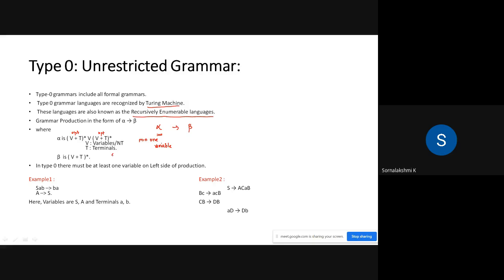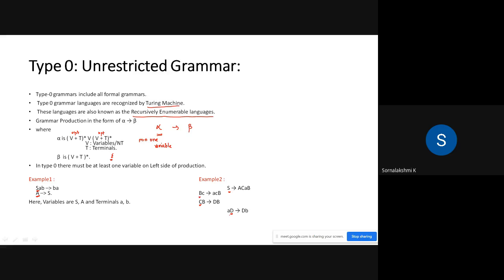Epsilon is implicitly part of the terminals. Some grammars define it explicitly, some don't. So the crux condition is minimum one variable on the left-hand side. That is what we see, a minimum of one non-terminal or variable in all the examples.